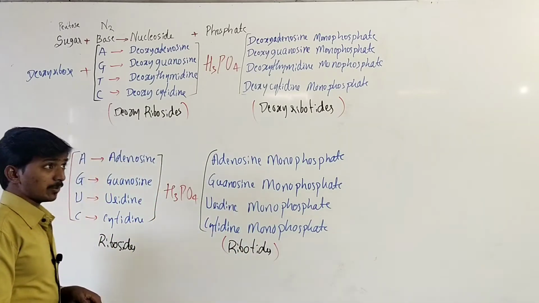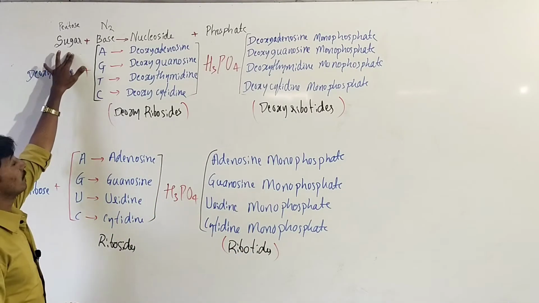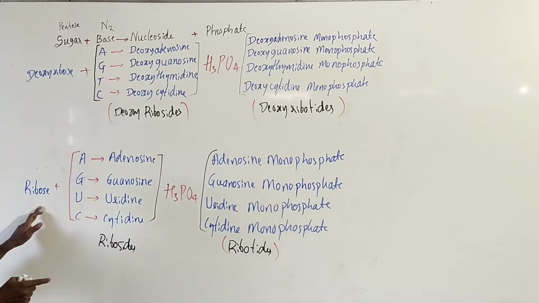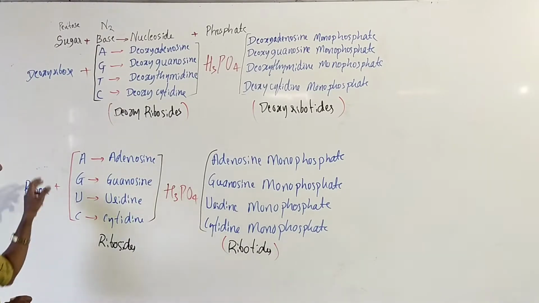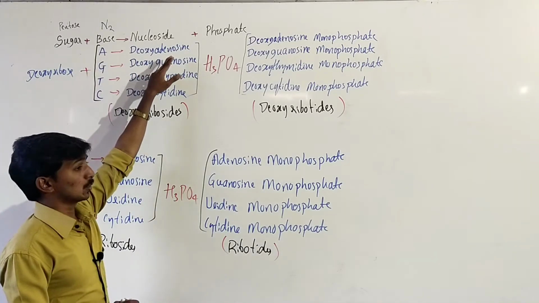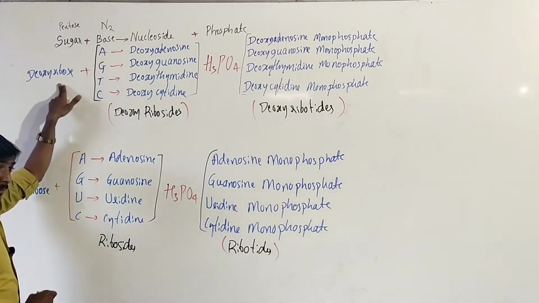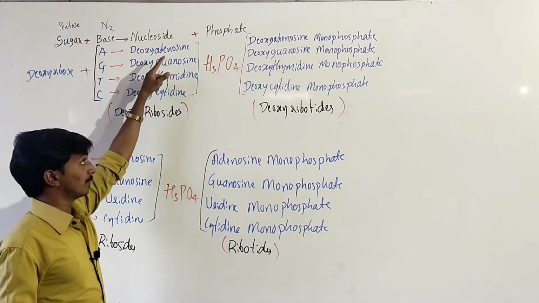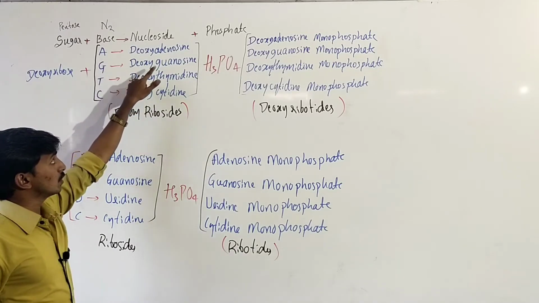So firstly, what happens? Pentose sugar, that is deoxyribose in DNA and ribose in RNA, combines with adenine to form deoxyadenosine. Deoxyribose plus adenine becomes deoxyadenosine. With guanine, deoxyguanosine.